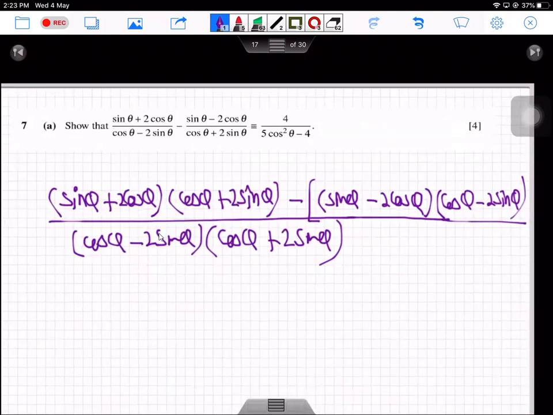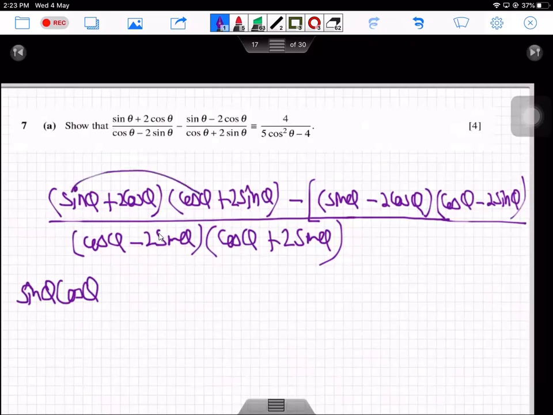Okay. So in the numerator, what I need to do first, sine theta multiplied by cos theta. I'm doing it step by step, making it very much easier for you guys to comprehend this. Okay. You don't need to lose the marks. Okay. So just be cool and calm in the paper and just do it accordingly.